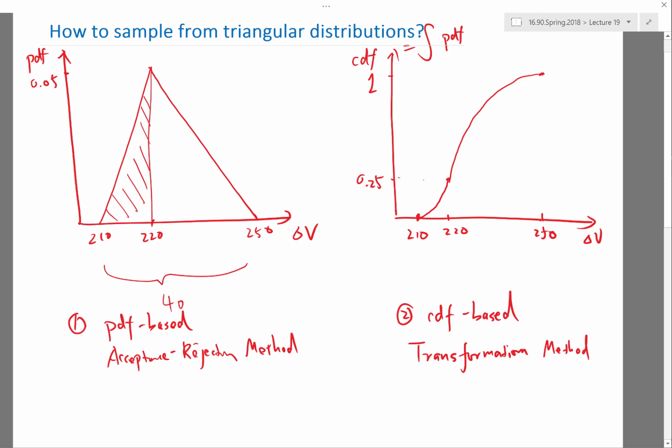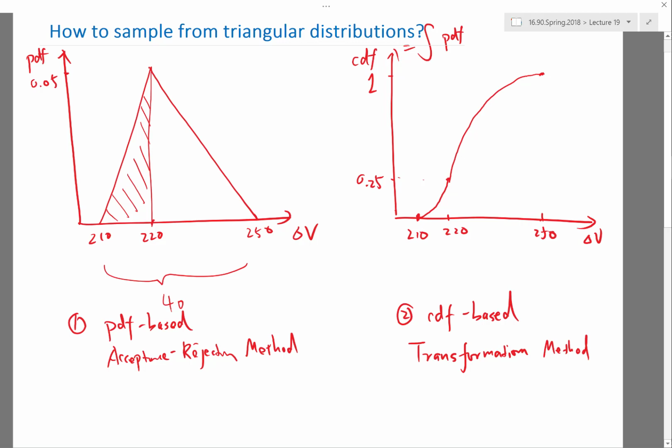But let me just describe the simple idea behind each of them. On the left-hand side, suppose I know the PDF of a distribution, but the form of the PDF is so complicated that it doesn't have an analytical integral.